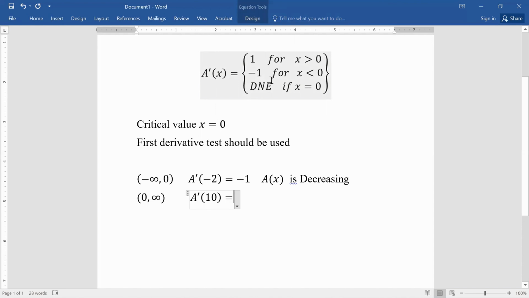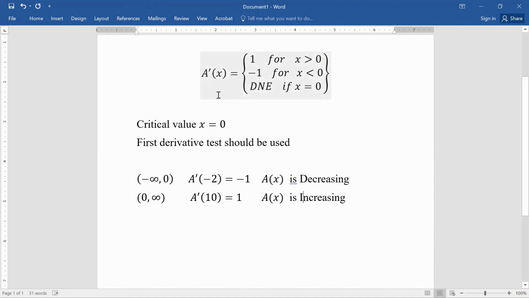I get an output of 1. Therefore, my function a of x is increasing along the interval from 0 to infinity.